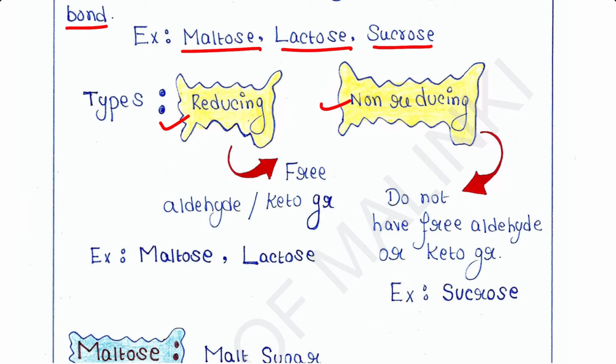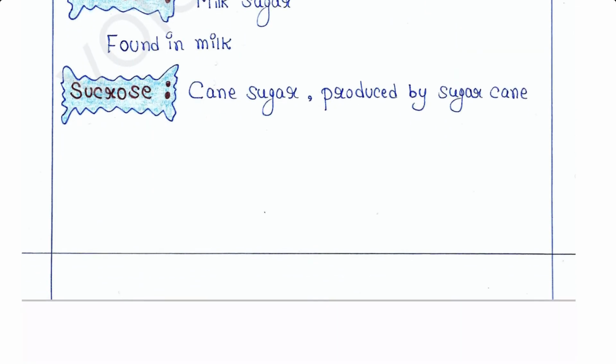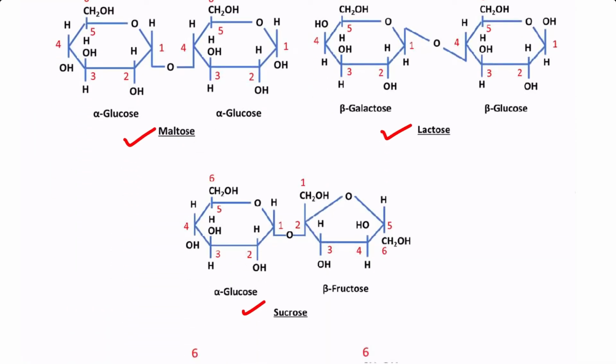Reducing disaccharides have a free aldehyde or keto group. Example: maltose and lactose. Non-reducing disaccharides do not have a free aldehyde or keto group. Example: sucrose. In this picture you can understand this better.